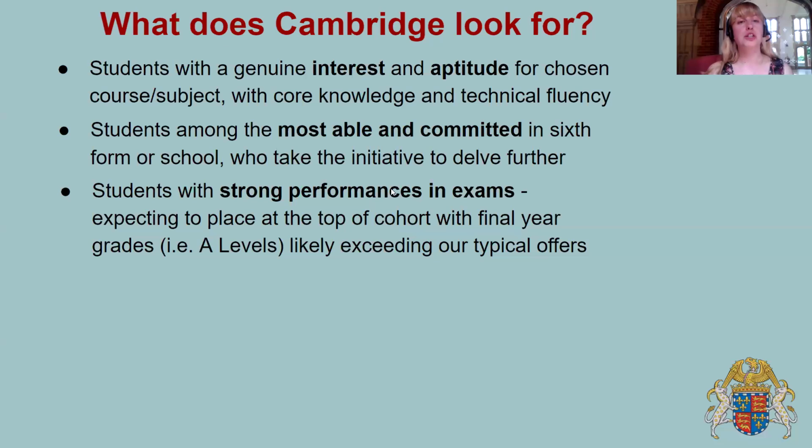We're also looking for students who are expecting to place at the top of their cohort in their final year exams, getting grades or looking to achieve grades and being predicted grades that are likely going to exceed our typical offers, our minimum offer levels.